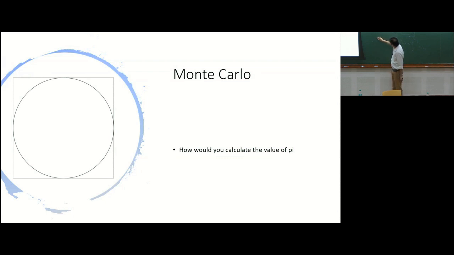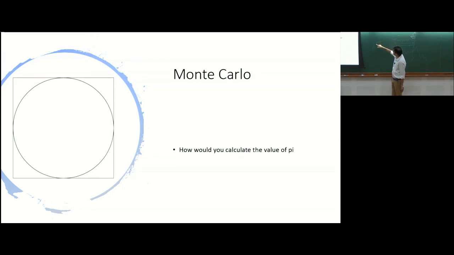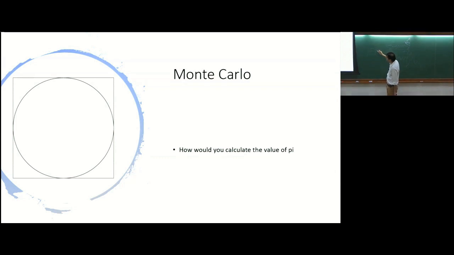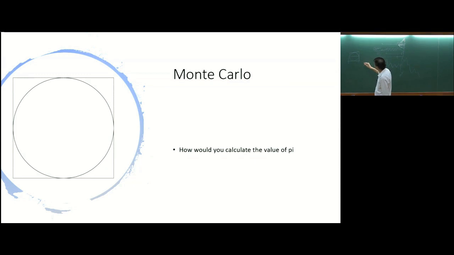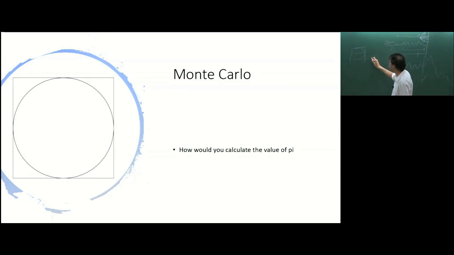And then you try and find the number of points which would have been inside the circle, which has the diameter equal to 1, right? And the fraction which falls outside, right? So the probability of them falling inside the circle would be pi r square by 1, right? And so this would come out to be pi by 4.